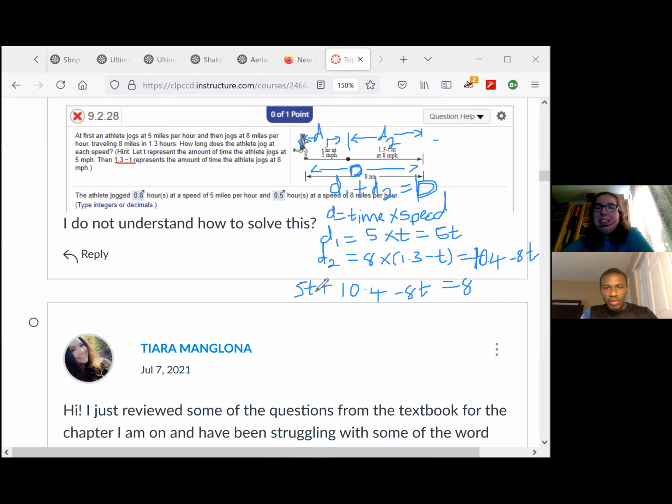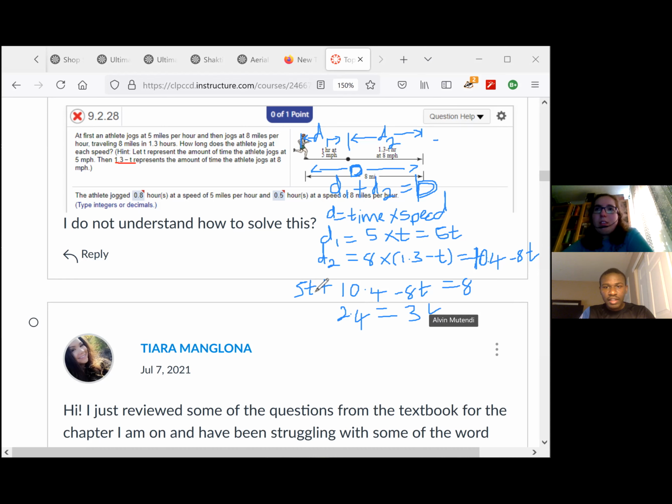So now if we try to solve this, what can we do? We can say 10.4 minus 8, what does that give us? 2.4. So 2.4 equals 8T minus 5T, that gives us 3T, correct?